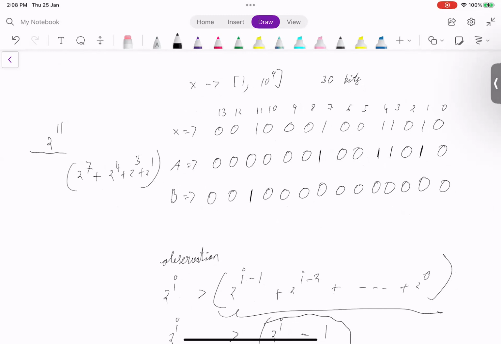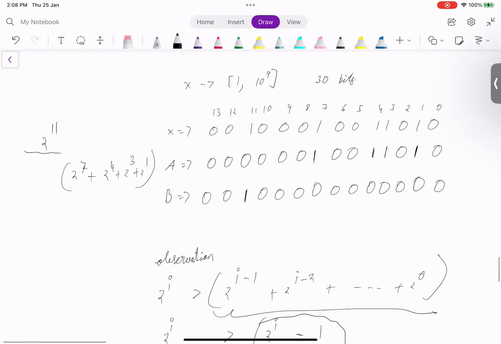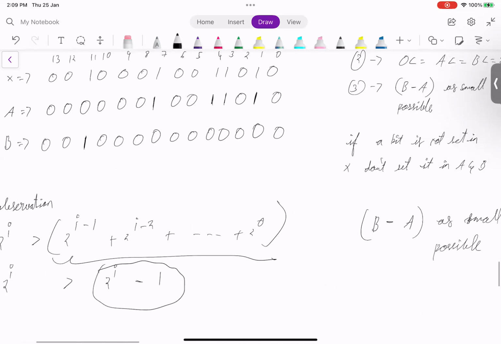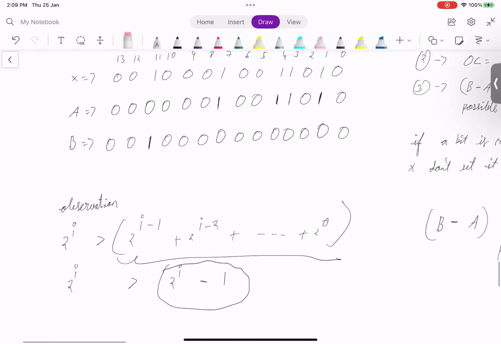But by putting all such bits lesser than 11, which are set in X, in A, we can push A's value closer to B, which will ensure B minus A is as small as possible. So that is why we arranged all the other bits in A apart from the MSB, and this is how we proved B minus A is as small as possible with this arrangement.